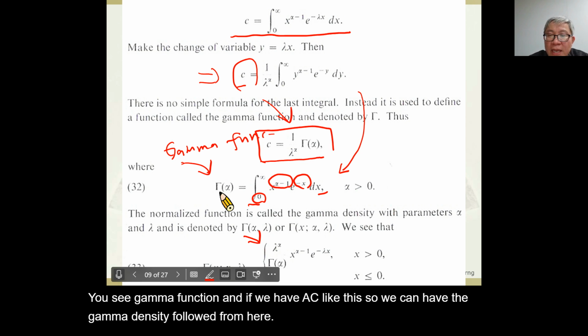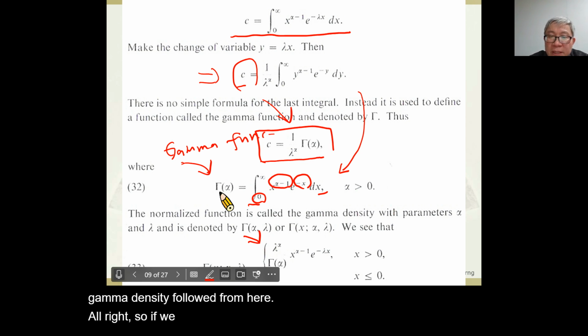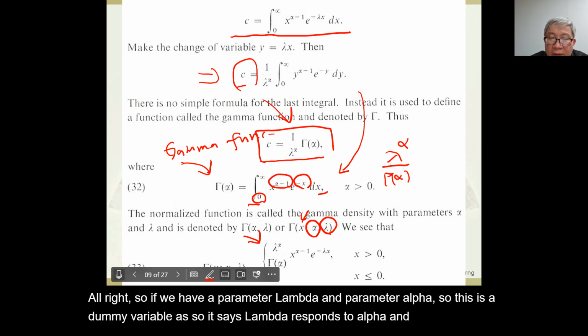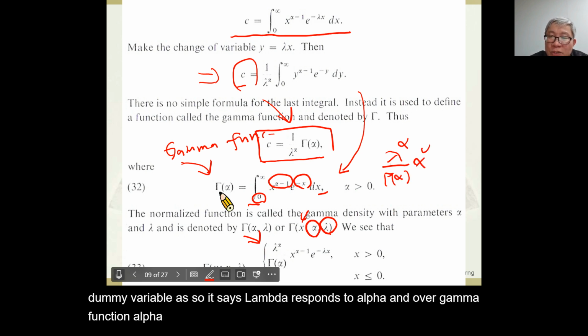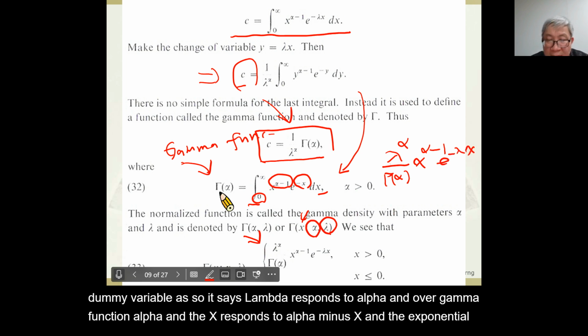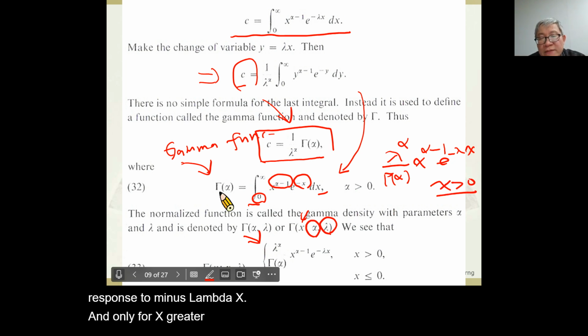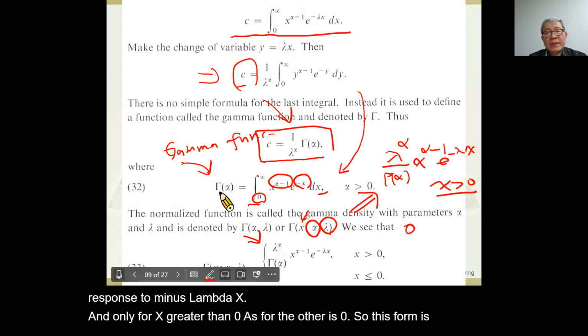If we have a parameter lambda and parameter alpha, with x as a dummy variable, it is lambda raised to the power alpha over gamma function of alpha, times x raised to the power alpha minus 1, and exponential raised to the power minus lambda x, only for x greater than 0. For the others, it's 0.